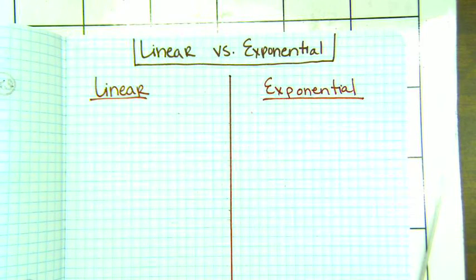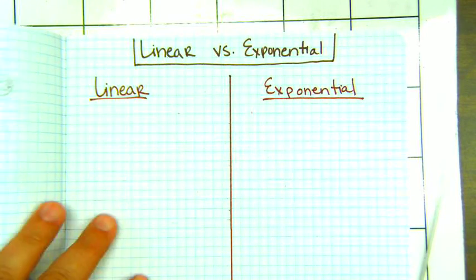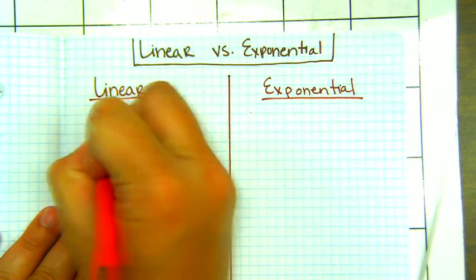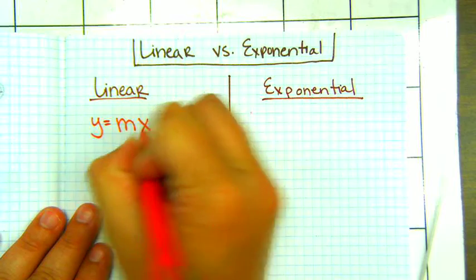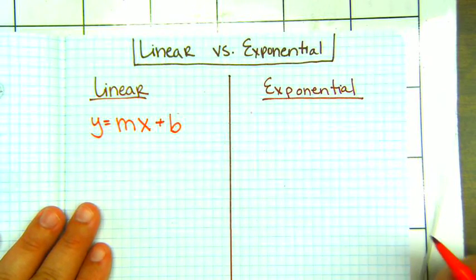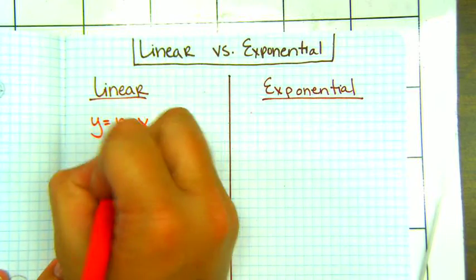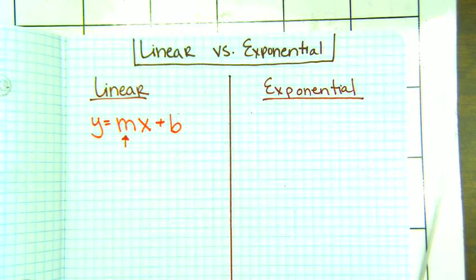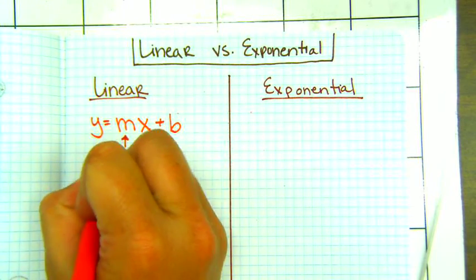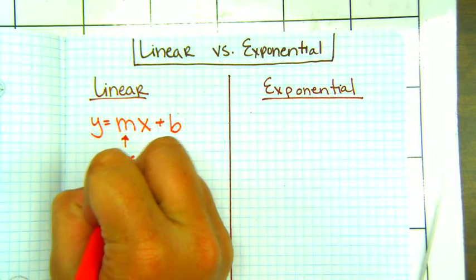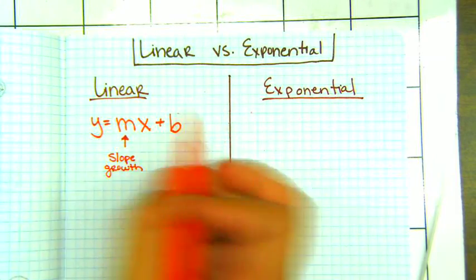Okay. So to start, we're just going to write the standard form of both. The standard form of a linear equation is going to be y equals mx plus b, where m represents what? m represents the slope or the growth, depending on how you want to say it.